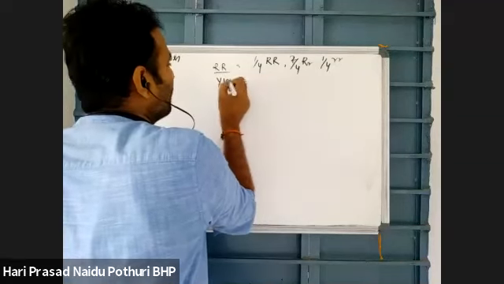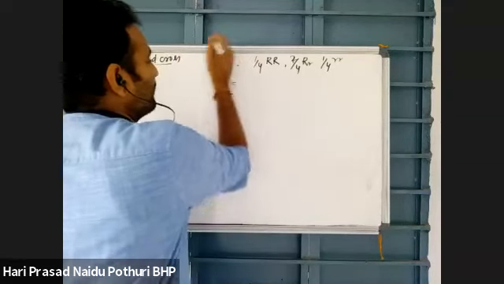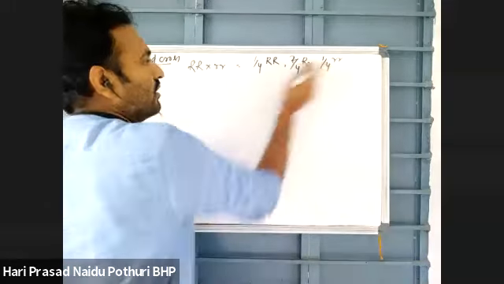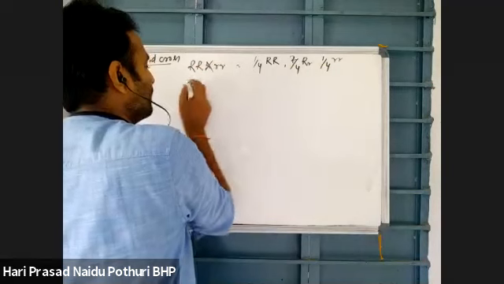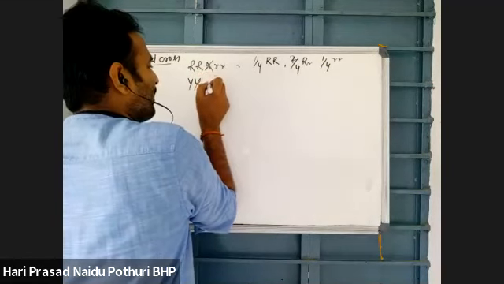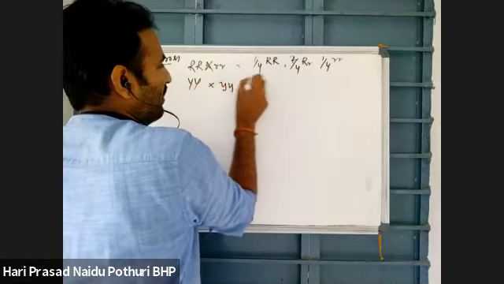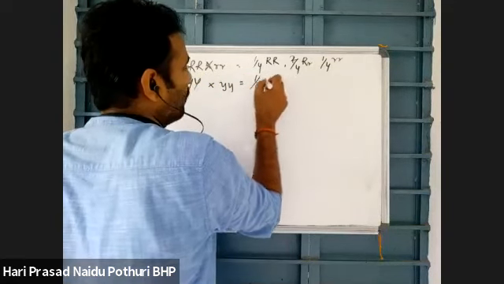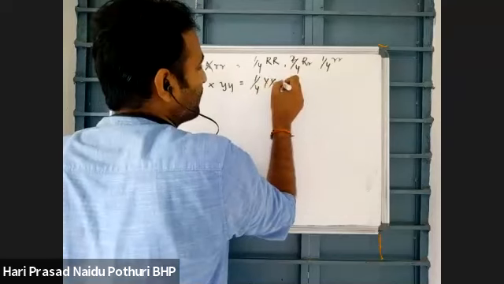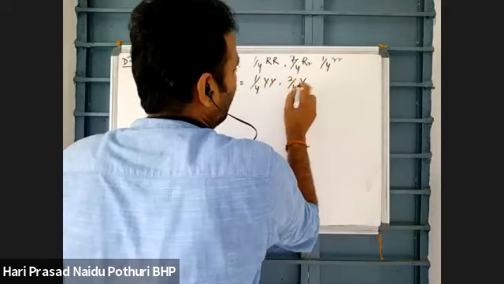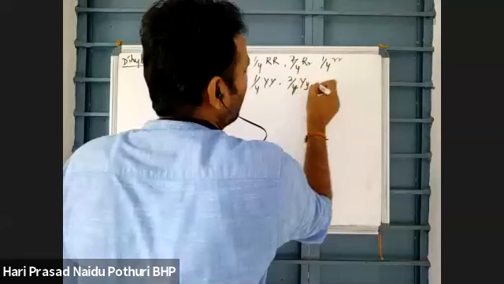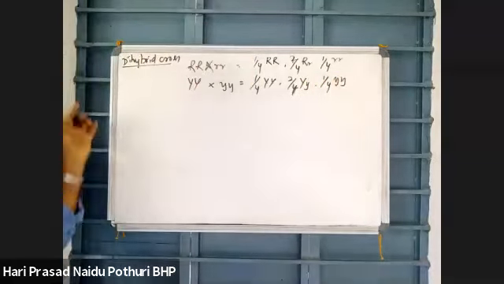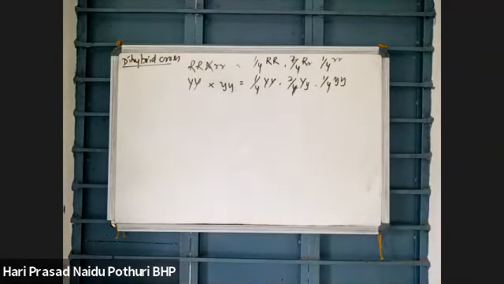So capital Y into small y. Capital Y when it is crossed with small y, according to monohybrid cross, 1/4 capital Y is possible, and 2/4 capital Y small y possible, and 1/4 small y is possible. This is actually monohybrid cross.